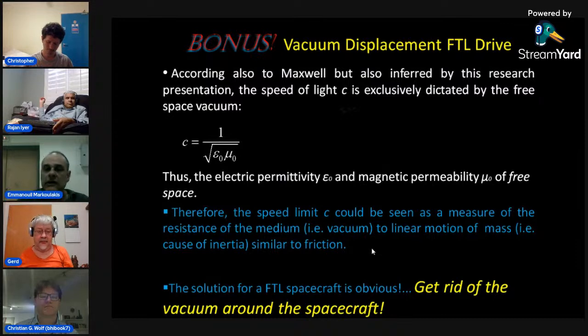Inertia and gravity are both sides of the same coin. They have the same cause, which we believe is the vacuum energy, the gravitons. So the solution for an FTL spacecraft is obvious: get rid of the vacuum around the spacecraft.